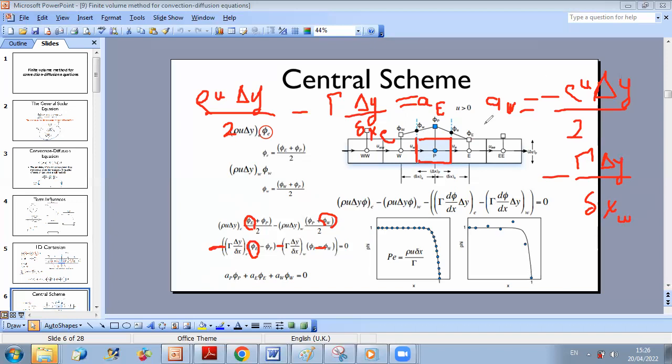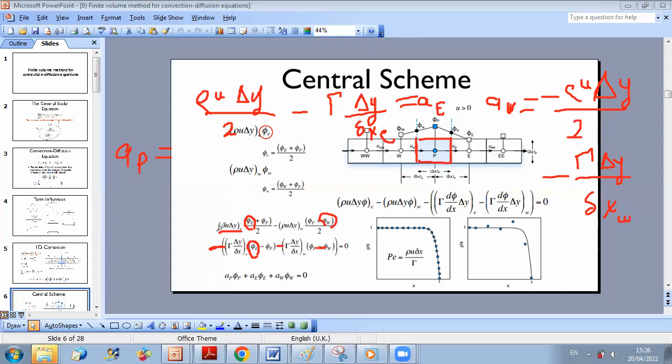And finally, for AP, the coefficient of phi P. So first you have phi P multiplied by rho U delta Y east.